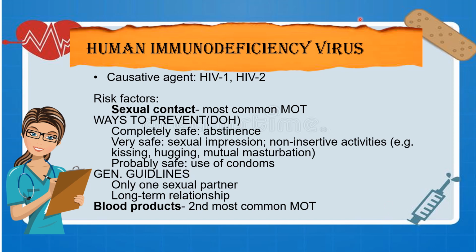Very safe sexual practices are non-insertive activities, for example, just kissing, hugging, or mutual masturbation. Probably safe is if you use a condom, although it's not 100% safe. The general guideline is, of course, to only have one sexual partner. So you have to be loyal. You have to have a long-term relationship with one partner only.